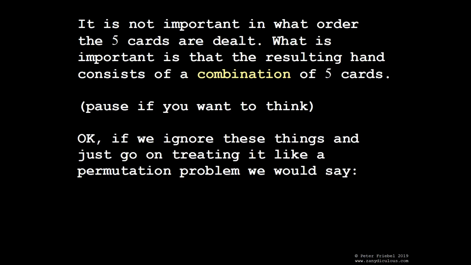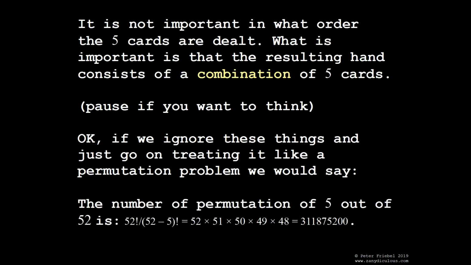Okay, if we ignore these things and just go on treating it like a permutation problem, we would say, well, the number of permutations of 5 out of 52 is 52 factorial divided by 52 minus 5 factorial. And that would be 52 times 51 times 50 times 49 times 48.